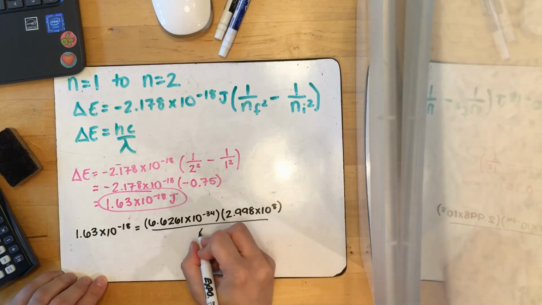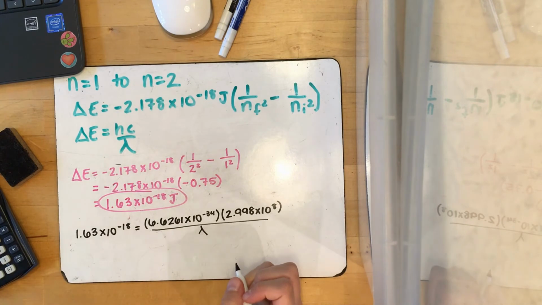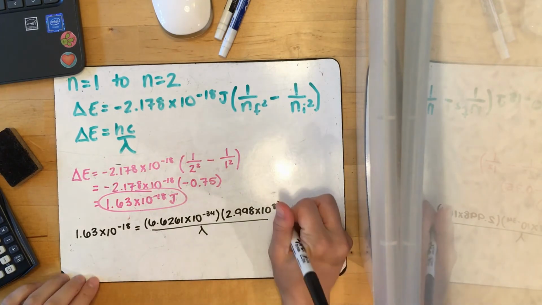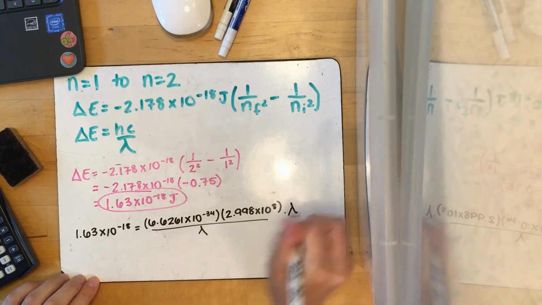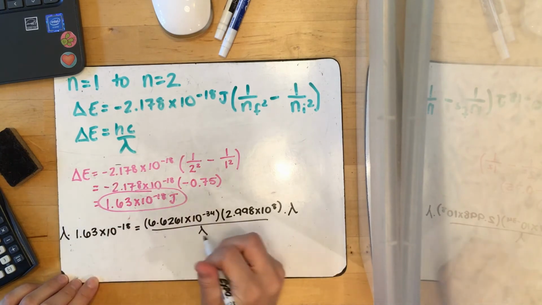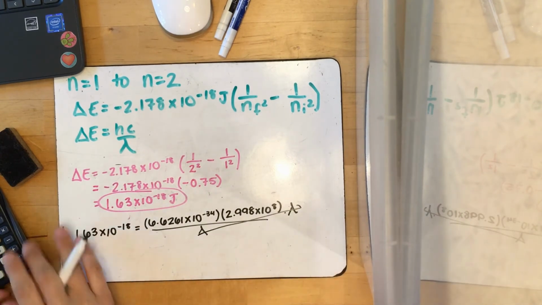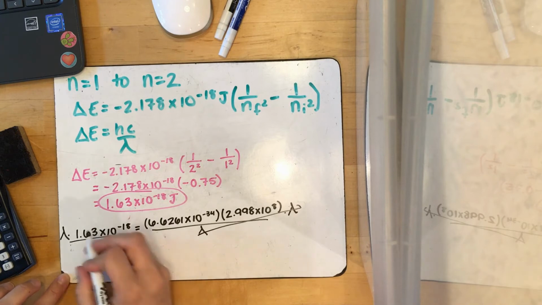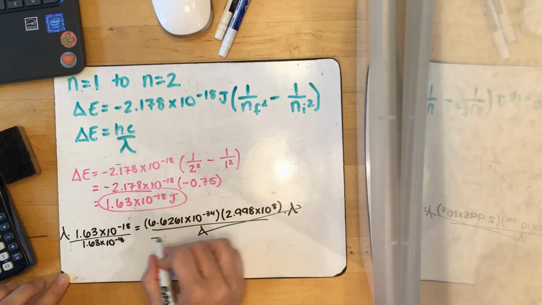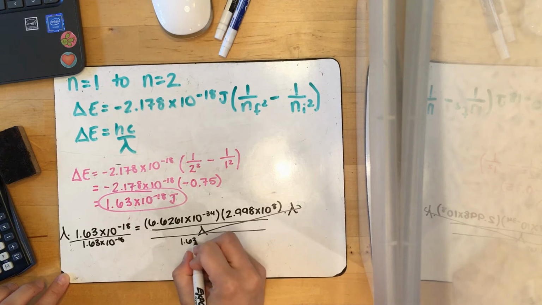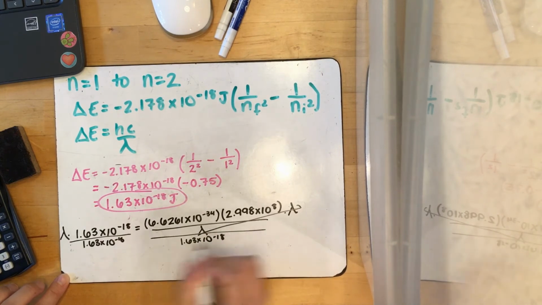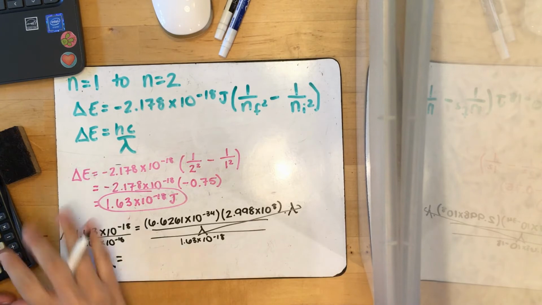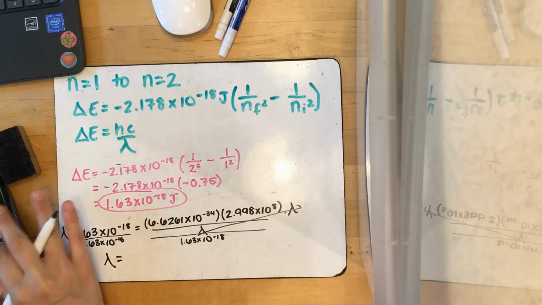And lambda is our wavelength. So we can multiply lambda to both sides to get it out of the bottom, and then divide both sides by our energy.